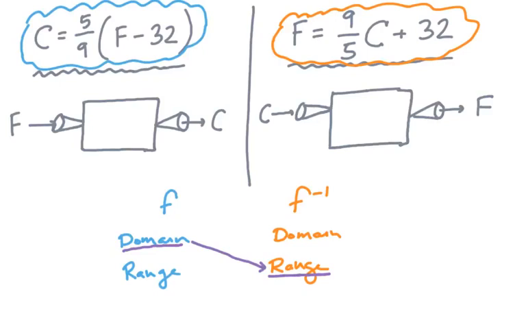So the x's for f become the y's for the inverse. Similarly, the range for the function becomes the domain of the inverse. So that little connection, maybe jot it down. It's helpful to think about functions and their inverses in that way.